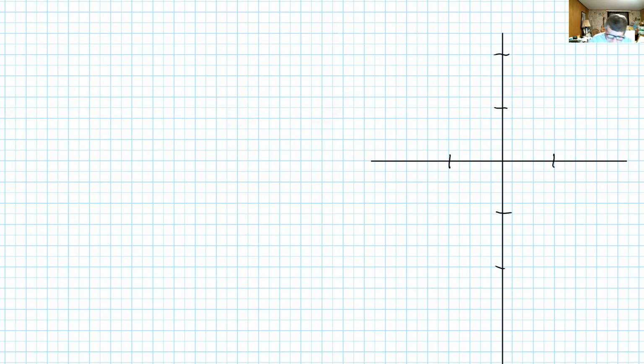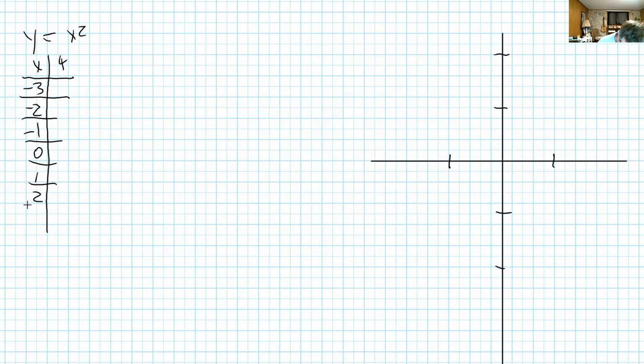All right, let's go back to y equals x squared, okay? -3, -2, -1, 0, 1, 2, and 3. And this is 9, 4, 1, 0, 1, 4, and 9. Okay, let's graph this thing.